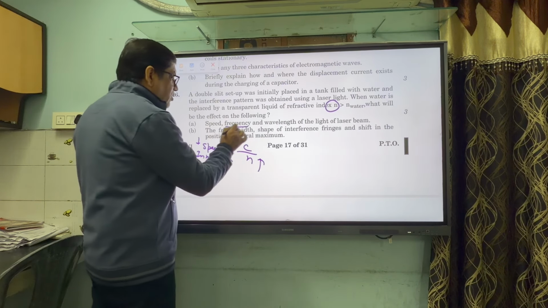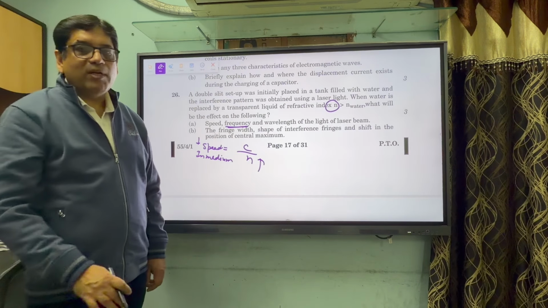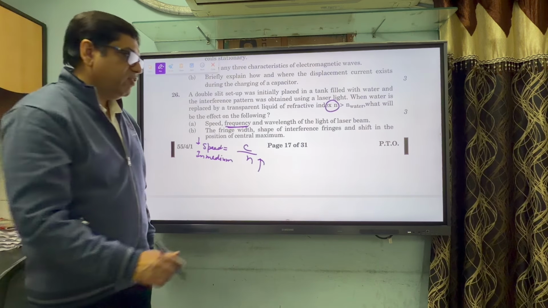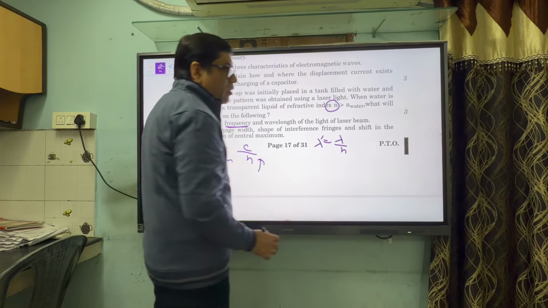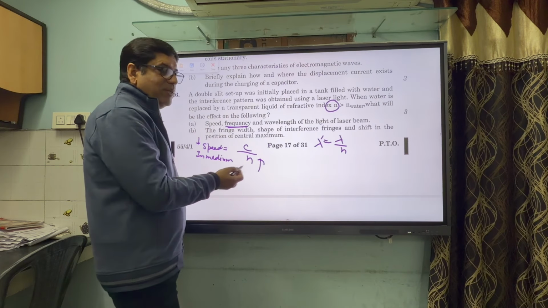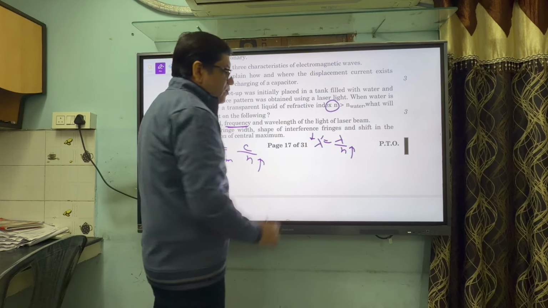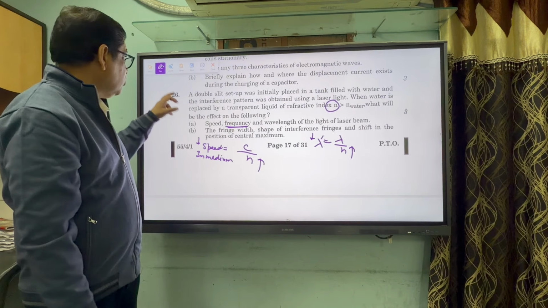Frequency never changes. Whenever light moves from one medium to another, frequency will not change. Speed and wavelength both change. Wavelength lambda dash in any medium is wavelength in vacuum divided by n. Same formula as speed. As n is increasing, wavelength will be decreasing. So both speed and wavelength will decrease, but frequency will not change.